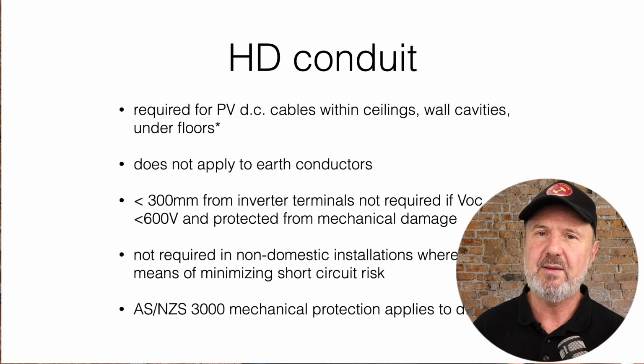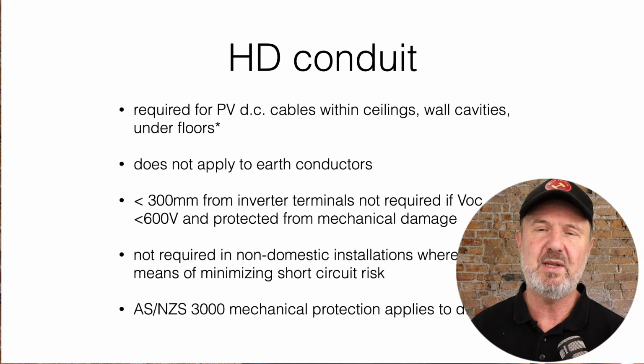And we defined it much better in the 2014 edition, where we said it's within ceilings, wall cavities, and under floors. So that's a better definition than just inside buildings. It doesn't apply to the earth conductors, so you don't actually have to put the earth conductor, the equal potential bonding conductor for the array, inside HD conduit, but you might as well. It's just one less bit of wire to drag through the building.